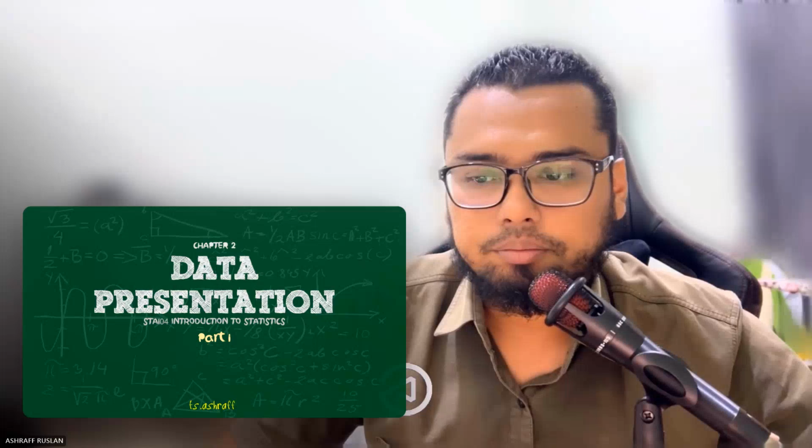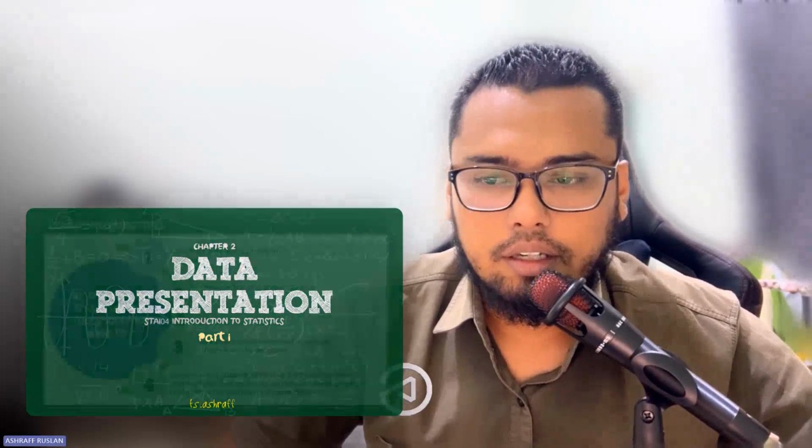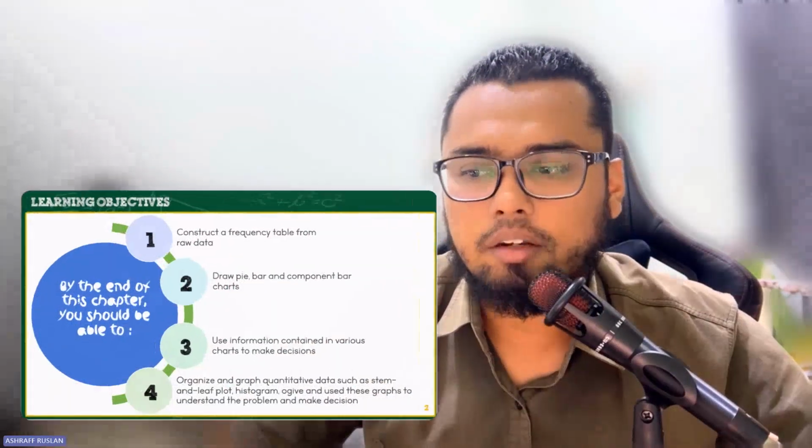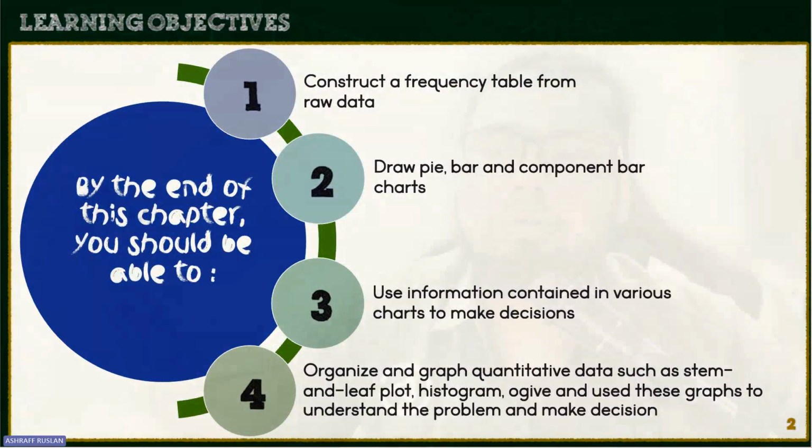So by the end of this chapter, you should be able to construct a frequency table. We're going to give you very detailed steps in producing a frequency table, drawing a pie chart, bar and component bar chart.